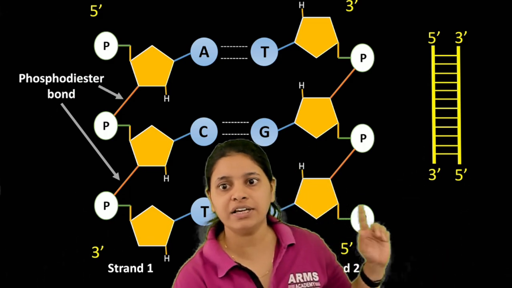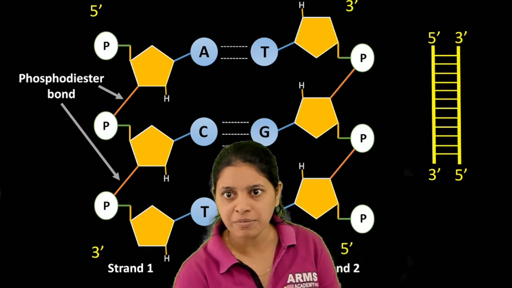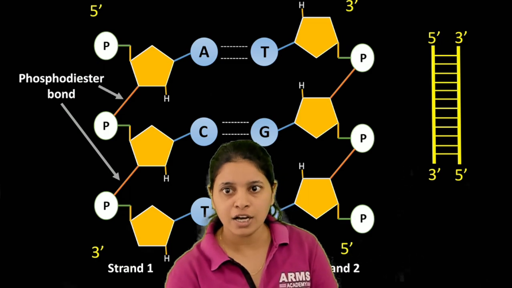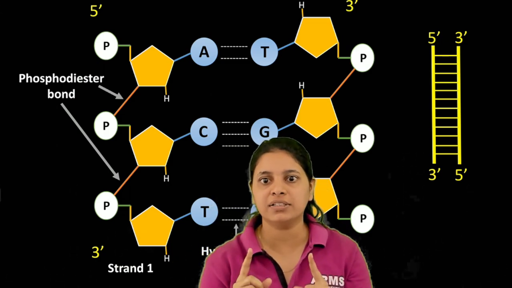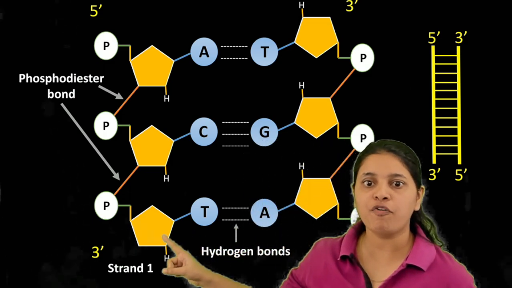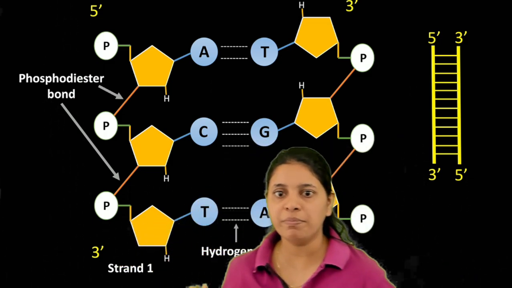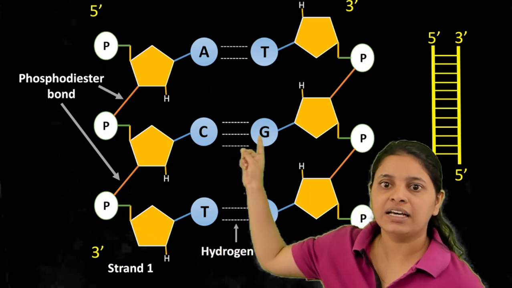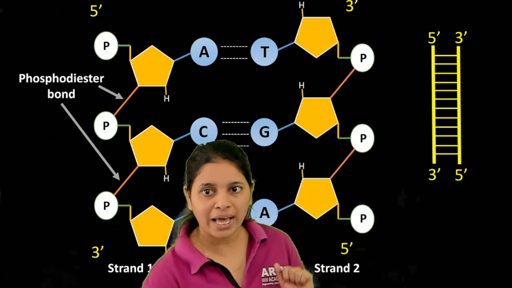Like here you can see we have drawn a very basic representative diagram of DNA showing a ladder, right? So the backbone of the ladder, these vertical pillars, will be the sugar and phosphate, right? And the steps of the ladder will be nitrogenous bases connected by hydrogen bonds. Also look at the polarity.